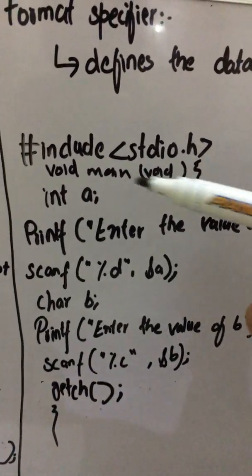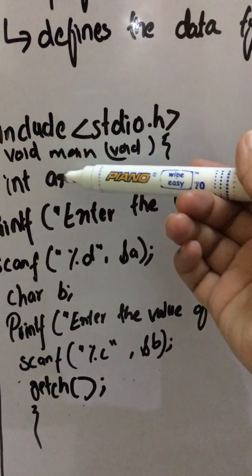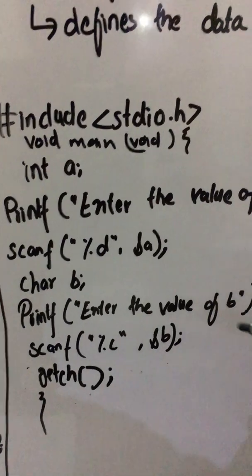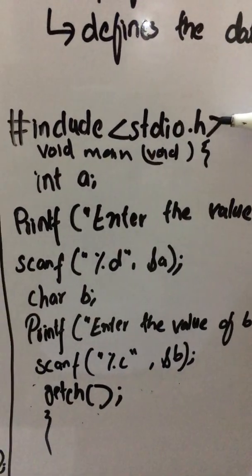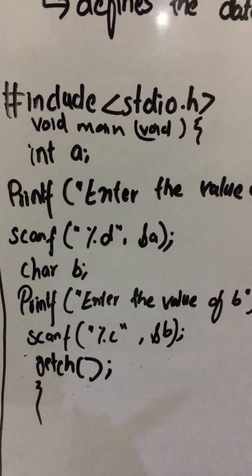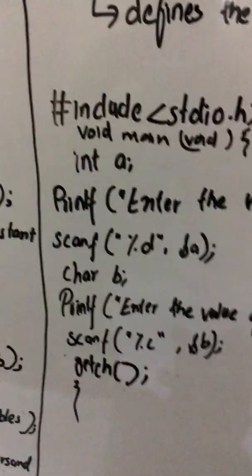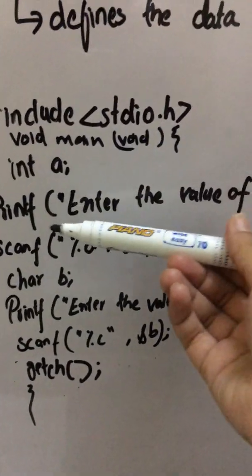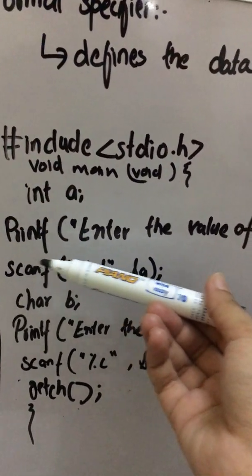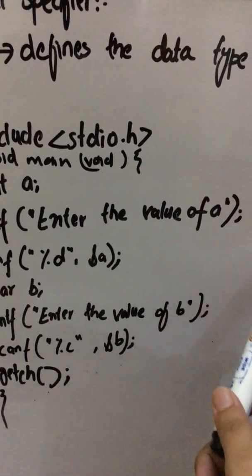Let's start. I have started the program with #include <stdio.h>, void main, void with the brackets. We have already discussed these two lines of the code. Now in the next line we have declared an integer a. Then printf. This is our output function. Our screen will print enter the value of a.